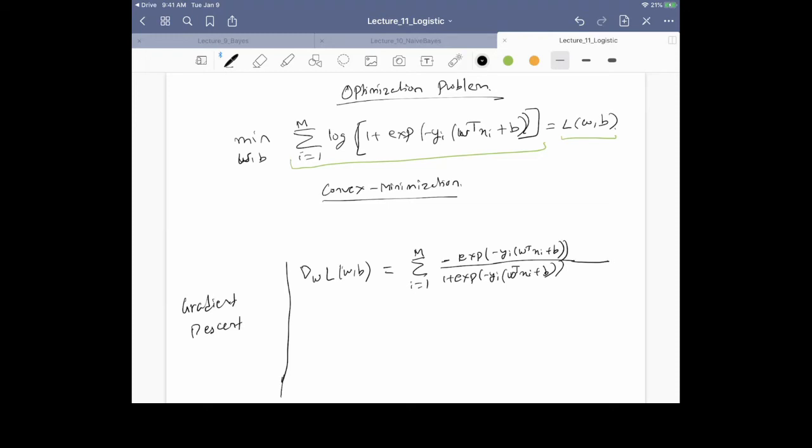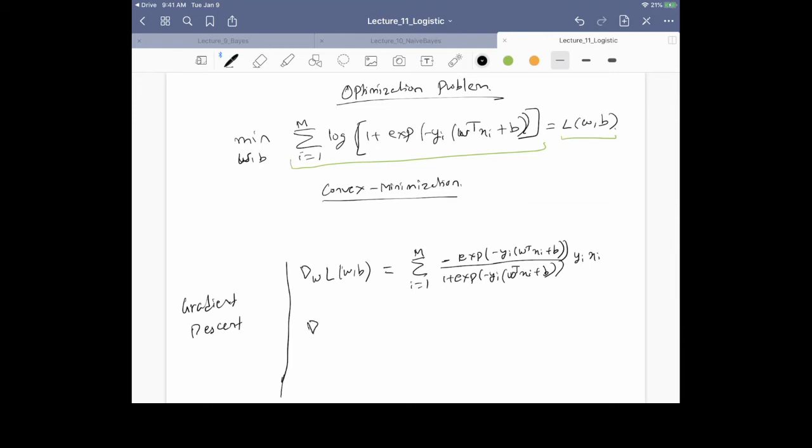I have a negative sign because it's minus, multiplied by yi followed by xi. So this is the ratio multiplied by yi multiplied by xi. This is the derivative with respect to w of this term.